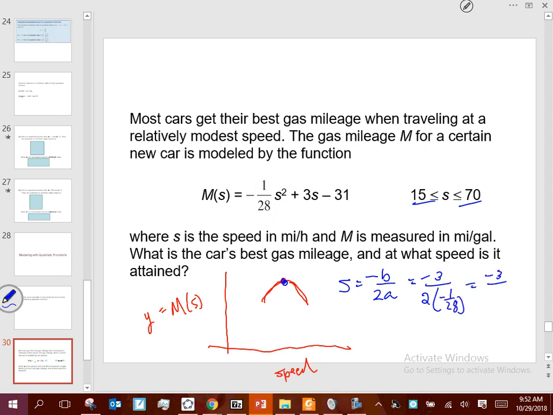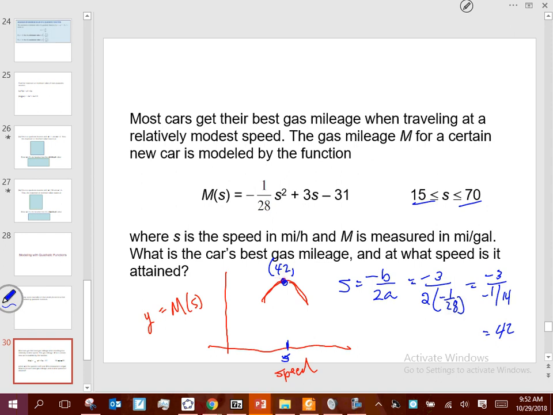This would be negative 3 over negative 114. What's negative 3 times negative 14? 42. So it tells me that S coordinate is 42.